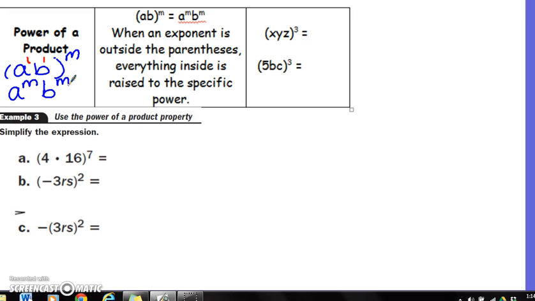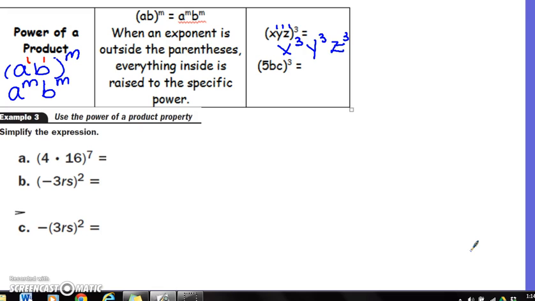So where are my hidden ones in the box where we have x, y, and z? On top of x, y, and z, they all have a 1. So then you're going to have x, 1 times 3 is 3. A y, 1 times 3 is 3. And a z, 1 times 3 is 3. And there's that answer.